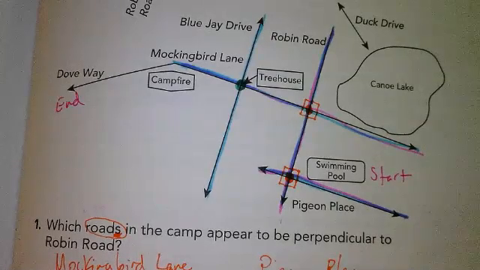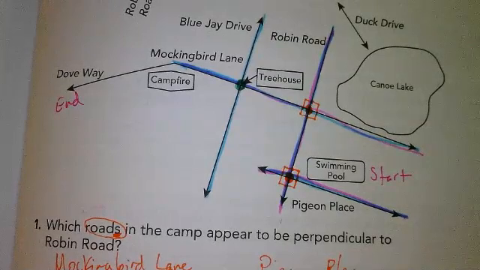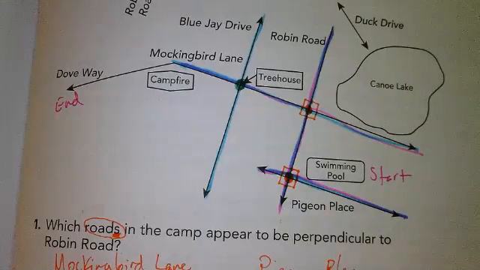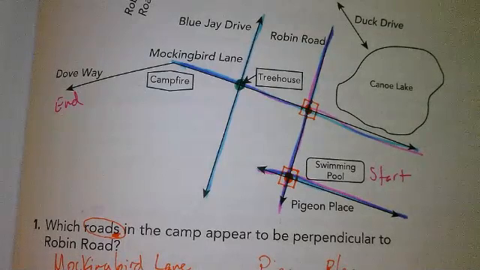The circle is on Pigeon Place, right? Yes. So we can go straight and then turn and then go straight. Turn where? Onto Robin Road. And turn which way? Are we turning right or left?